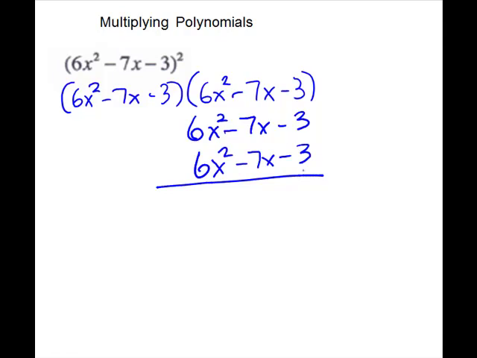So we're going to multiply everything on top by the negative 3 or the minus 3. So it will give me a positive 9. Will give me a positive 21x, a negative 18x squared. Then we will switch to the minus 7x times each one on top. So times minus 3 will give us positive 21x. This will give us a positive 49x squared.